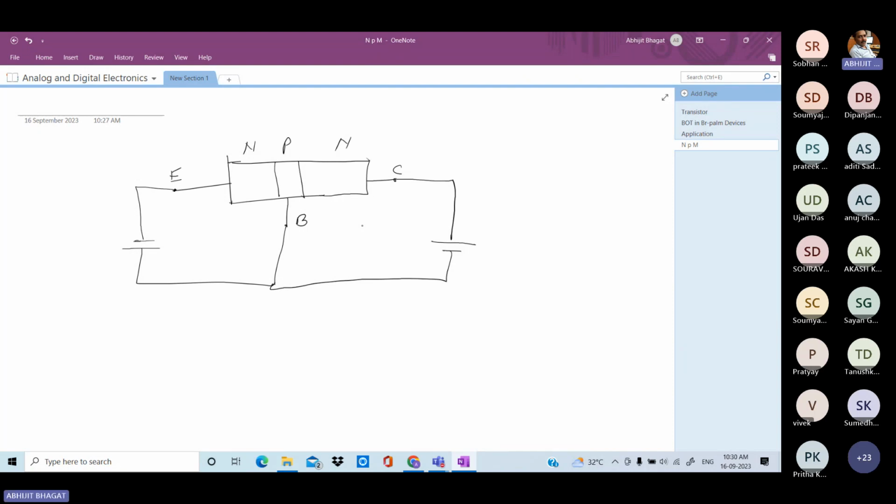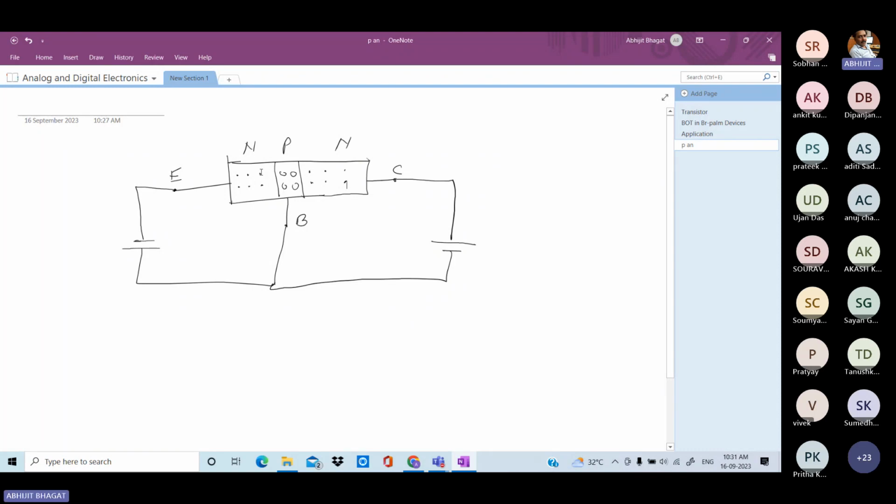Now, in case of this NPN transistor, in N region, electrons are the majority carrier. Few holes are there, but electrons are the majority carrier. In case of P region, holes are the majority carrier. We already discussed majority carrier, minority carrier.